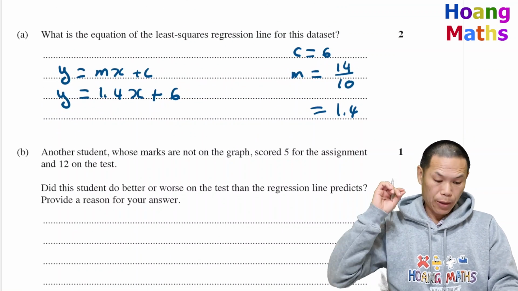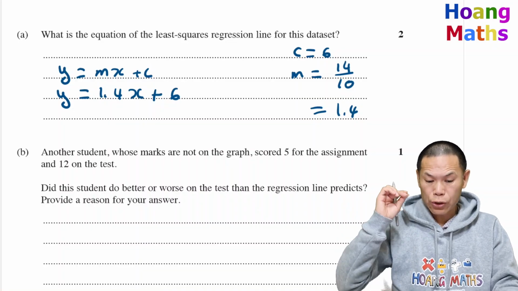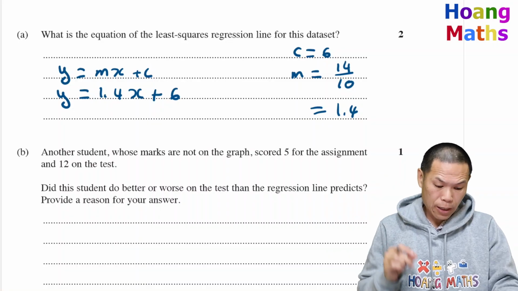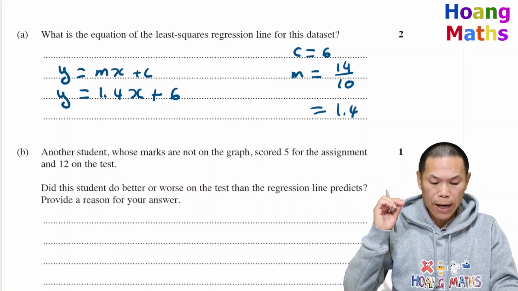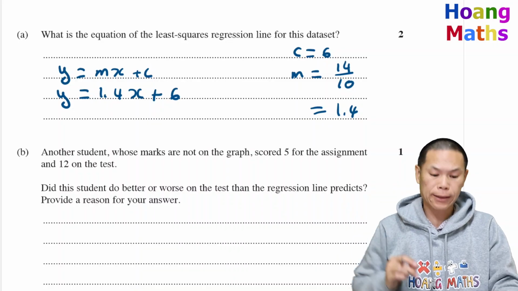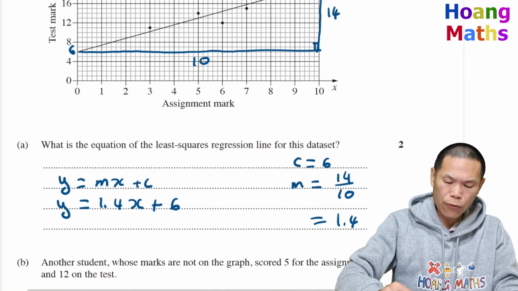Part B. Another student whose marks are not on the graph scored 5 for assignment and 12 on the test. Did this student do better or worse on the test than the regression line predicts? So let's have a look. 5 for assignment and 12 for the test.